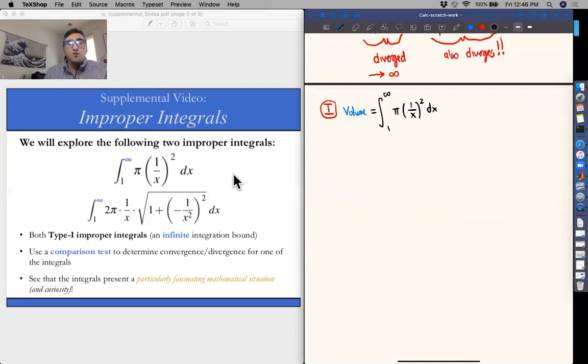And when I say volume, I really mean that three-dimensional volume that we've thought about previously in geometry. The object that this represents is when we take this function, the function 1 over x.